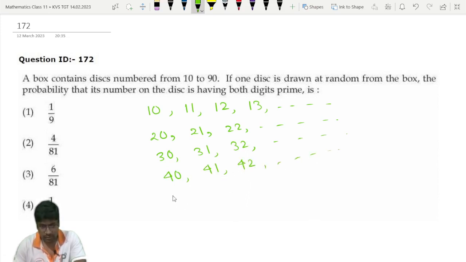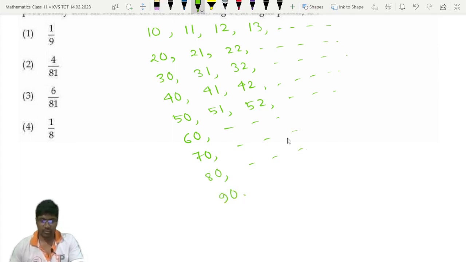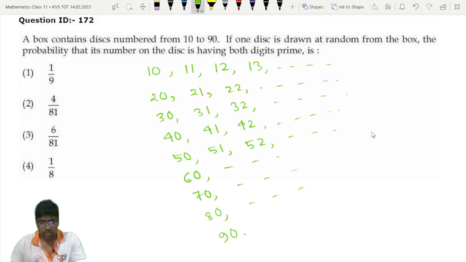Then 50 will come, 51, 52, it will go like that. Then 60, then 70, then 80, then 90. Here it will stop.